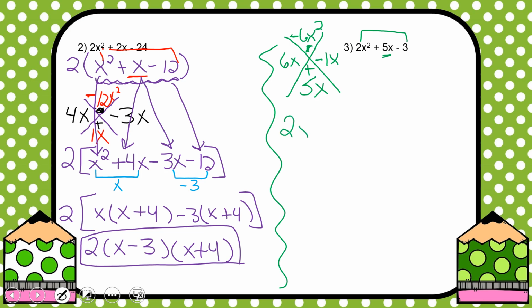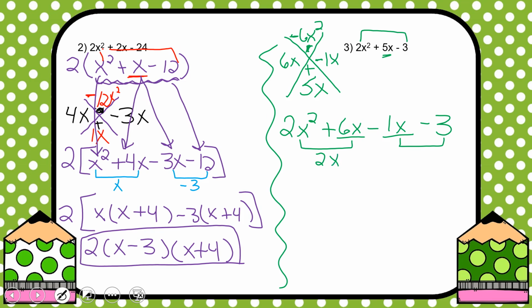Okay, so now I'm going to rewrite. Remember, keep the first term. I'm going to bring in the middle terms. So I have a plus 6x, and I'm going to change that plus sign to a minus 1x. Now I'm going to factor by grouping just like we've done quite often.